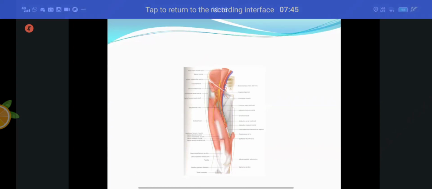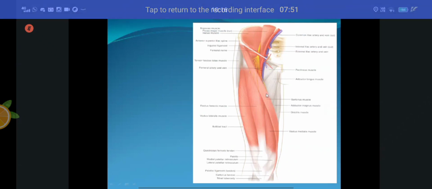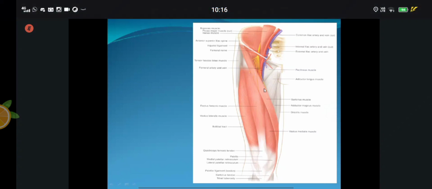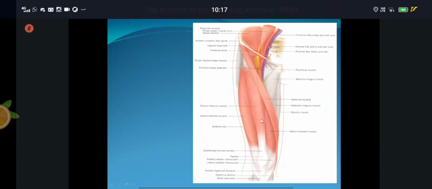And what is the nerve supply? The nerve supply is by the femoral nerve, which we will study in the last part of the class, right? The femoral nerve supplies the sartorius muscle, the vastus lateralis, the vastus medialis, the vastus intermedius, and the rectus femoris.